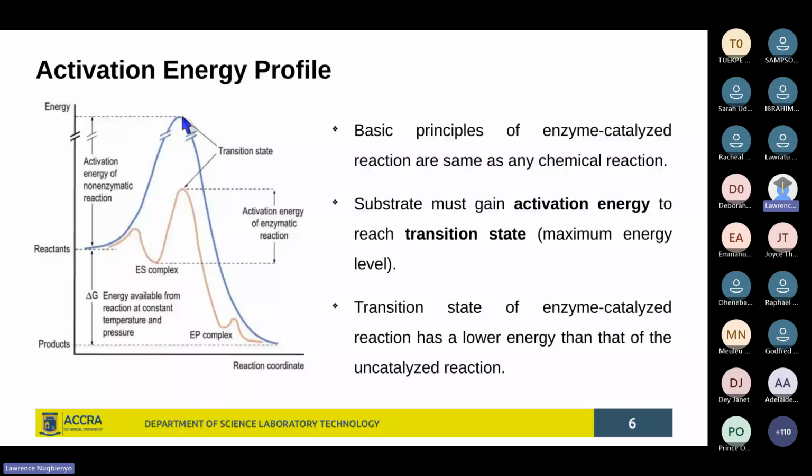But for a catalyzed reaction, you see the catalyst first forms an enzyme-substrate complex, which has a little bit lower energy level than the reactants themselves. And that enzyme-substrate complex requires a lesser amount of activation energy to move to a transition state.